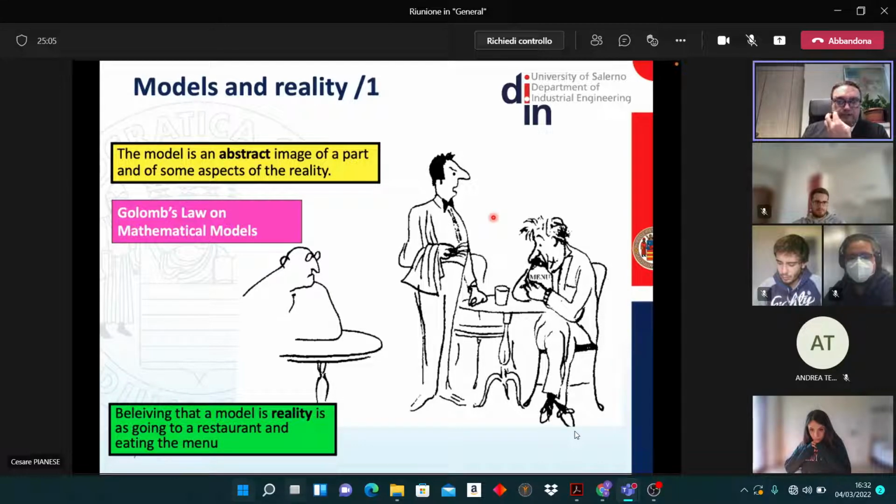If you believe that the model is the reality, it is like going into the restaurant and eating the menu. The menu is a representation of the reality. It's the abstract of the reality. The menu is written: appetizers, main courses, dessert, and whatever. And this is a very basic level for a menu.